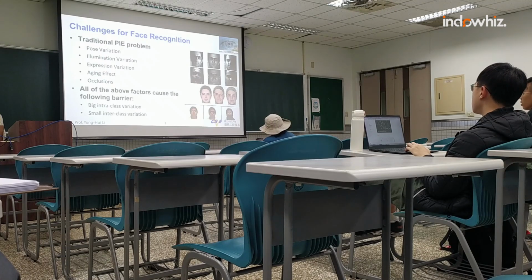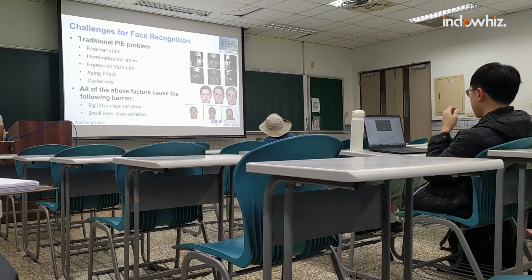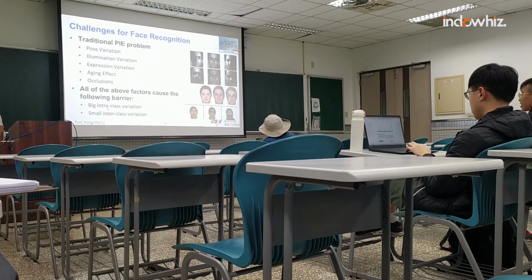These are the so-called PIE AO problems: pose, illumination, expression, aging, and occlusion. These are 5 important challenges that cause your face recognition to fail, because all of them cause high intra-class variation and small inter-class variation.